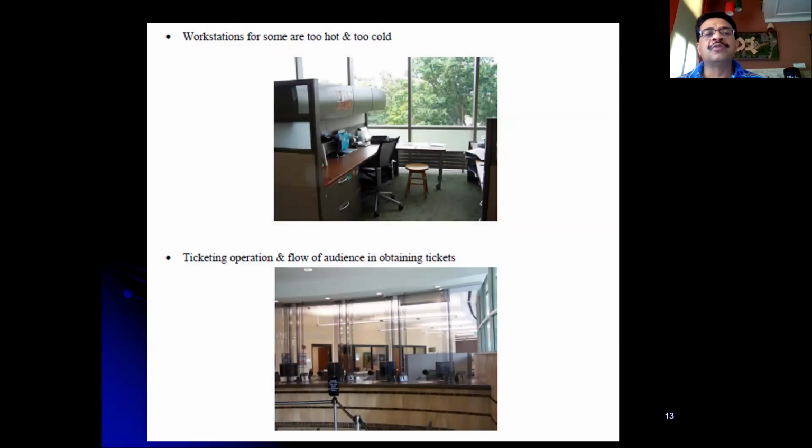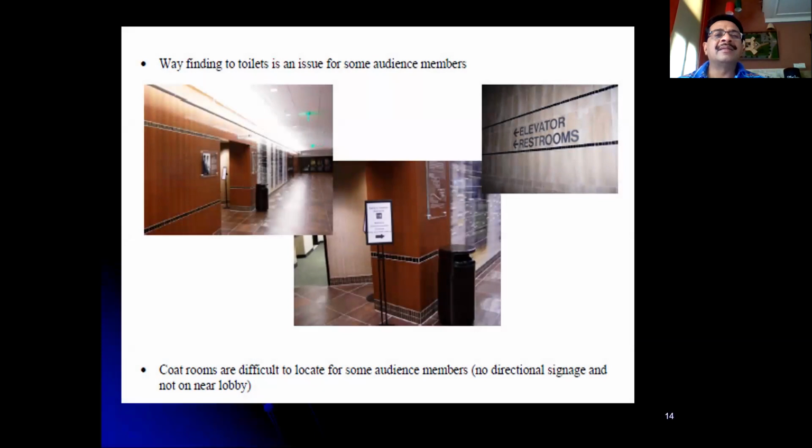And the workstations were too hot and too cold for some people, and the ticketing operations and flow of audience in obtaining tickets, there was some difficulty found in managing the ticketing, and the access to the toilets, like wayfinding, was not easy for the people.